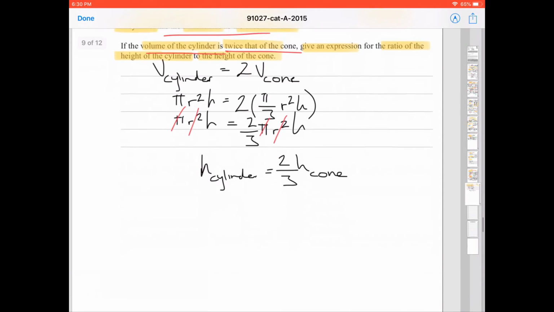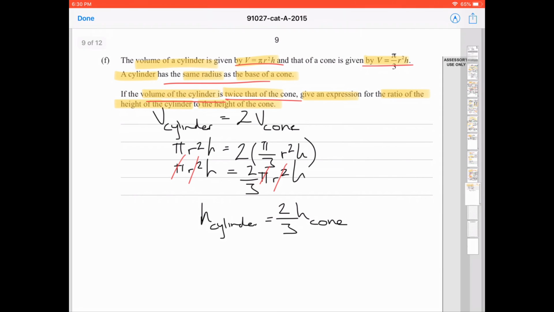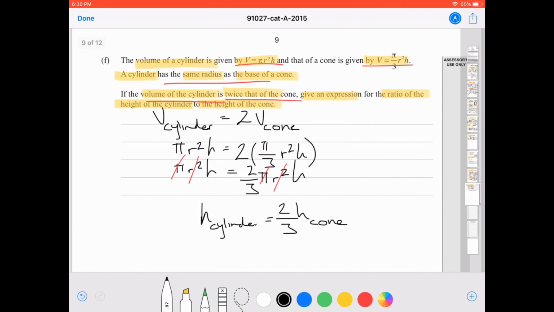And so, thinking back to the context of the question, we're looking for a given expression for the ratio of the height of the cylinder to the height of the cone. And so what is our ratio?